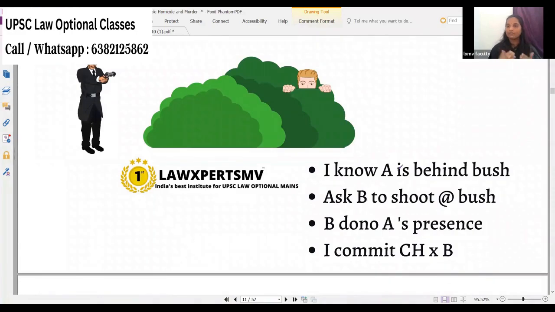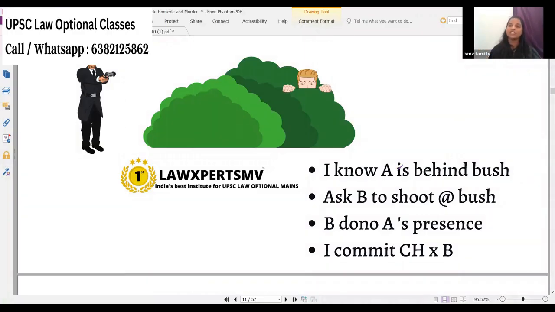Say for example, there is a person A who is hiding behind the bush. I don't like A. There is another person B who is ready to hunt everything, and hunting was a hobby earlier, during the British period. So I call B and say that there is an animal behind this bush, so just shoot the bush. B, believing my words, gives 2 to 3 shots inside the bush.